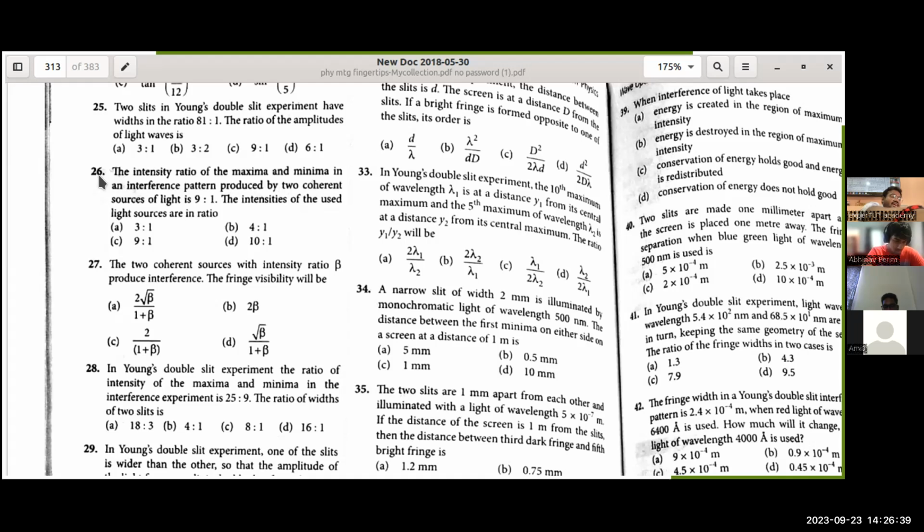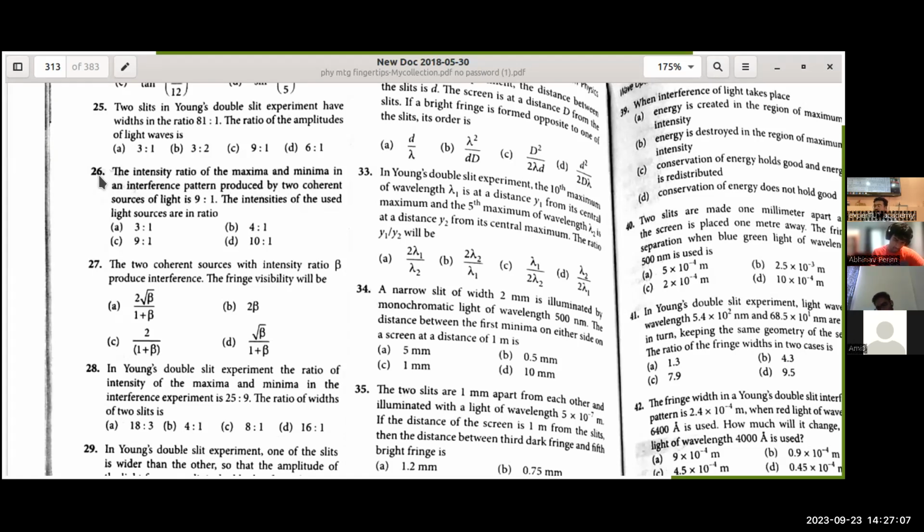Okay, I1 by I2 is beta. I1 is equal to beta I2. Then I max is (beta plus 1) the whole square by beta, and I min is (root beta minus 1) the whole square.